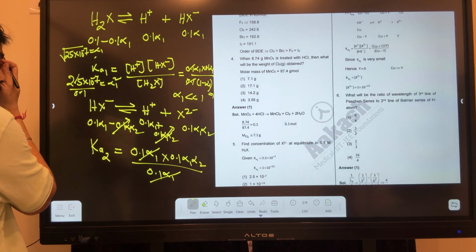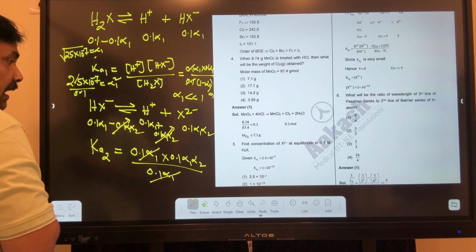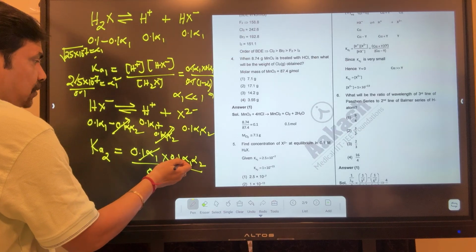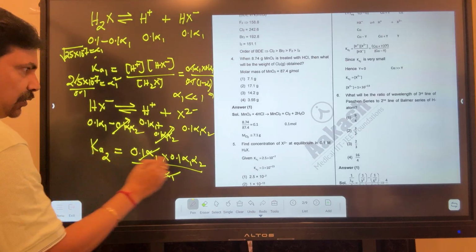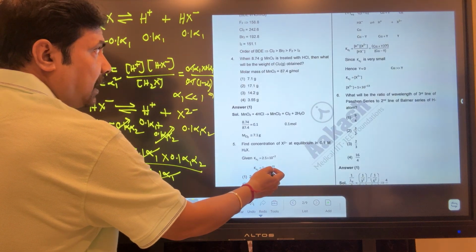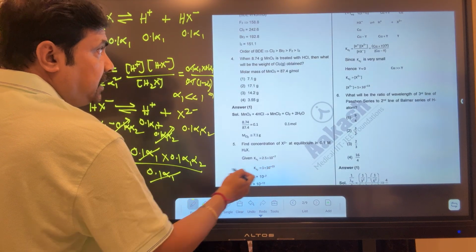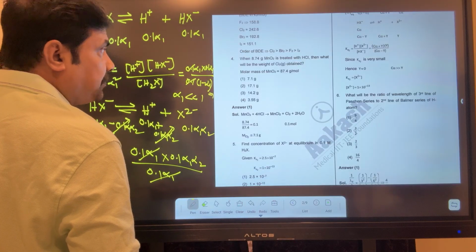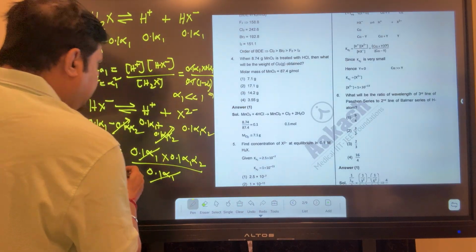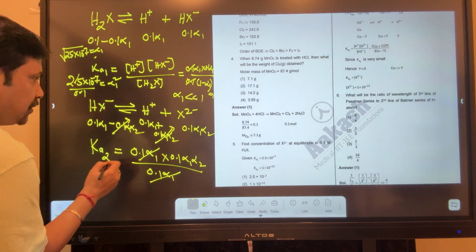And then if you keep over here alpha 1 equals this value, under root of, and K2 value is nothing but 1 into 10 to the power of minus 3. If you put that over here, then immediately you will get the situation.